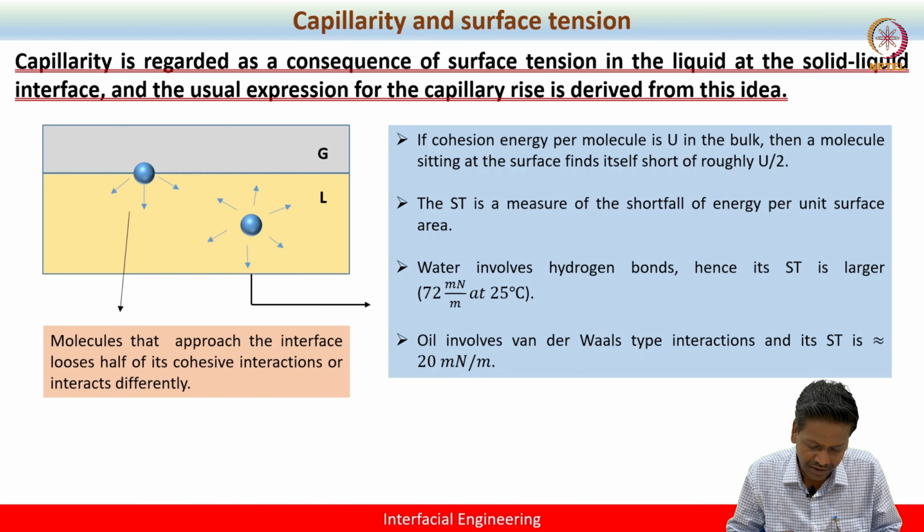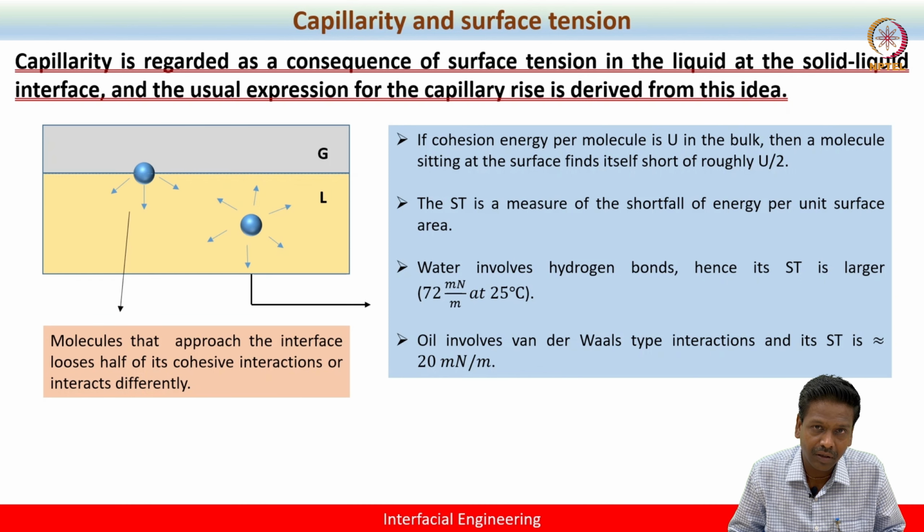It is basically nothing but cohesive energy per molecule. Let's assume that there are molecules in the bulk. If you look at the bulk, the molecules are surrounded by neighboring molecules, so there will be interaction from all the neighboring molecules from all directions, 360 degrees.